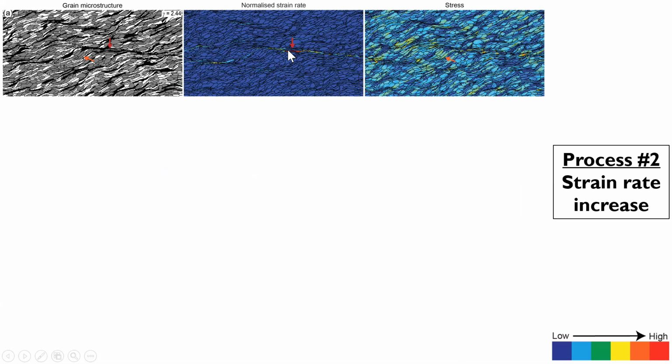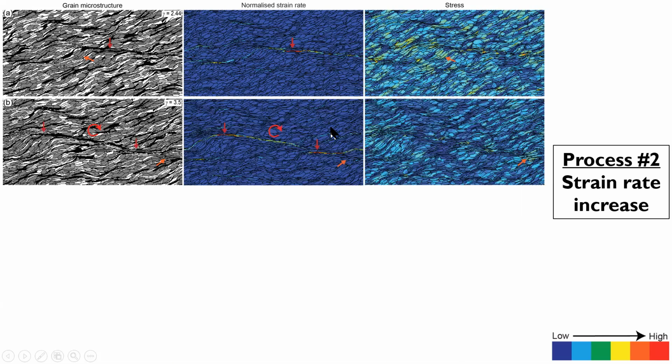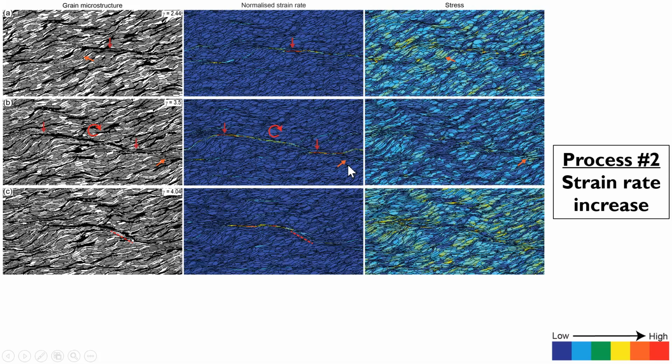What that means is this area is moving faster than these areas, and that can cause the areas at low strain rate to rotate forwards. So we have high strain rate here and here, and so this area needs to rotate forwards in order to accommodate the high strain rate in those adjacent and connected layers of weak phase.